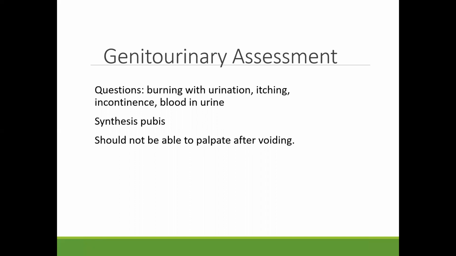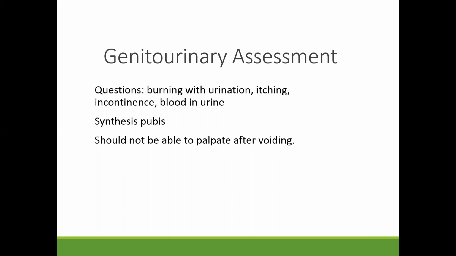The nice thing is that most facilities have bladder scanners. You don't have to do a straight cath to find out if they have any residual. Before, we would have to straight cath them just to see if there was any urine after voiding.